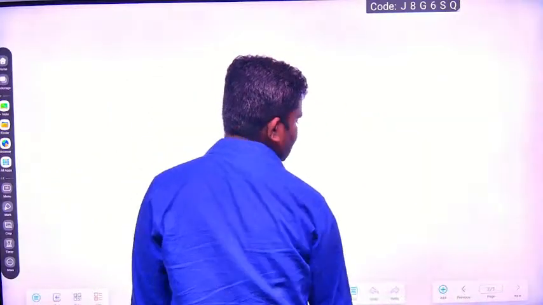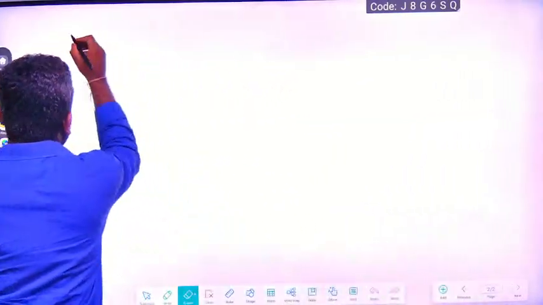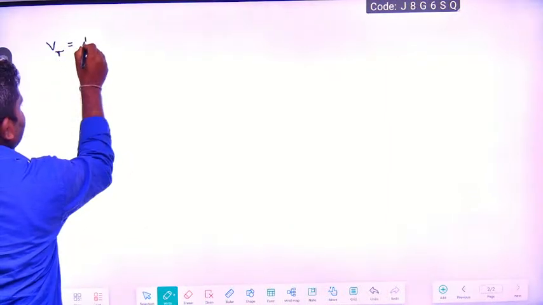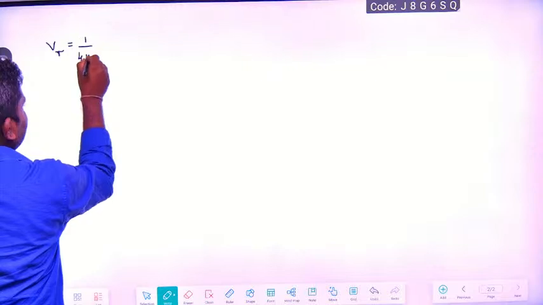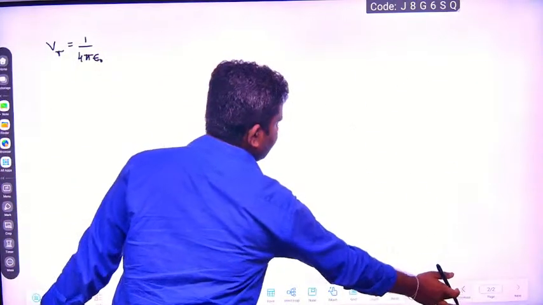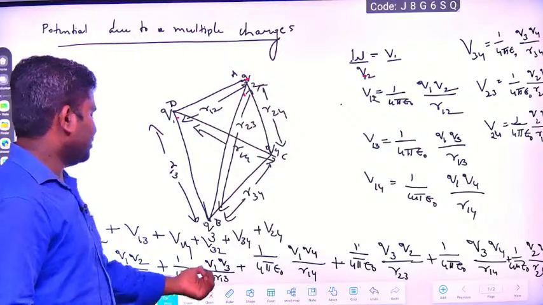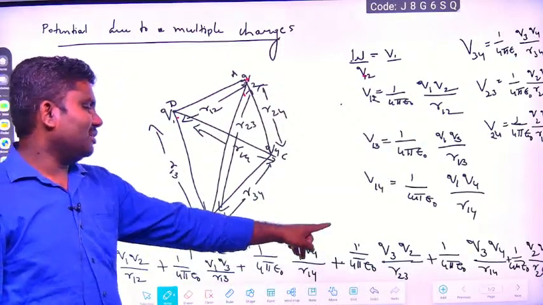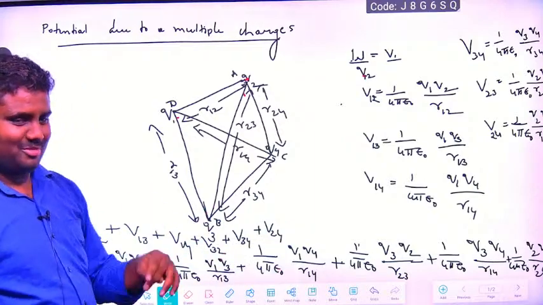Add page. Yeah. Now, what is the total answer we'll get? V total will be equal to V1, that is 1 by 4 pi epsilon naught. That is common, I will take. Correct, right? You just see the previous slide. 1 by 4 pi epsilon naught, everywhere it is there. Wherever Q1 is there, I will take Q1 common.